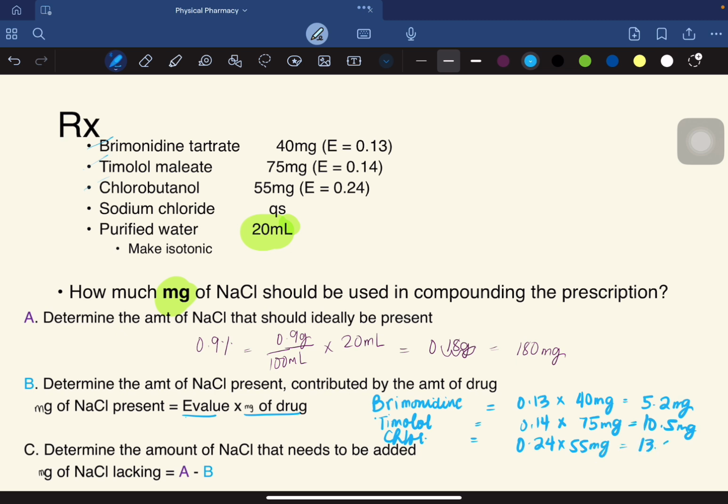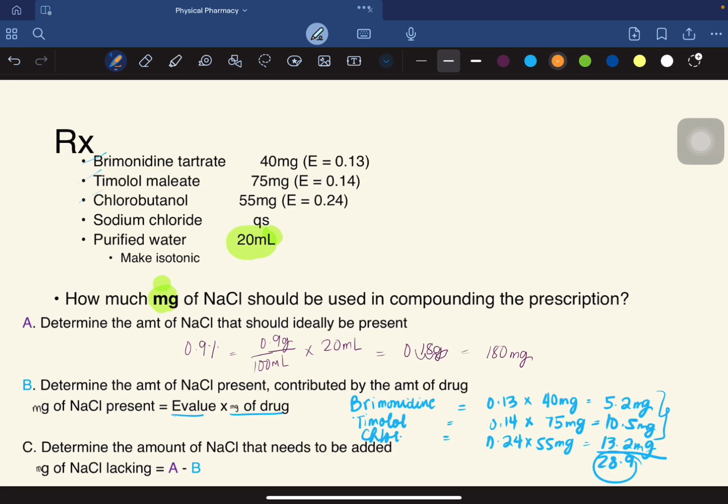Answer would be 13.2 milligrams. So now that we have these values, we are now going to add them all. So 13.2 plus 10.5 plus 5.2 would be 28.9. So that is the milligrams of sodium chloride present.